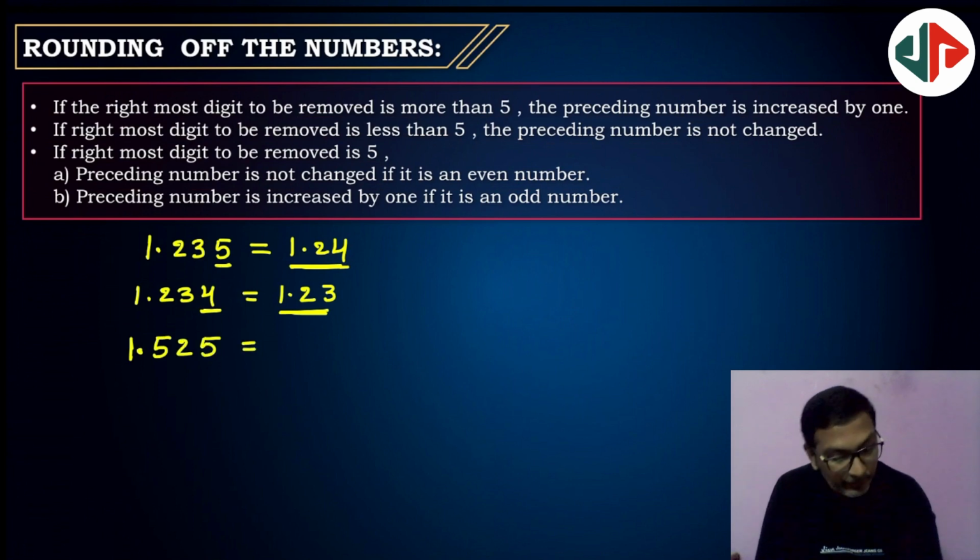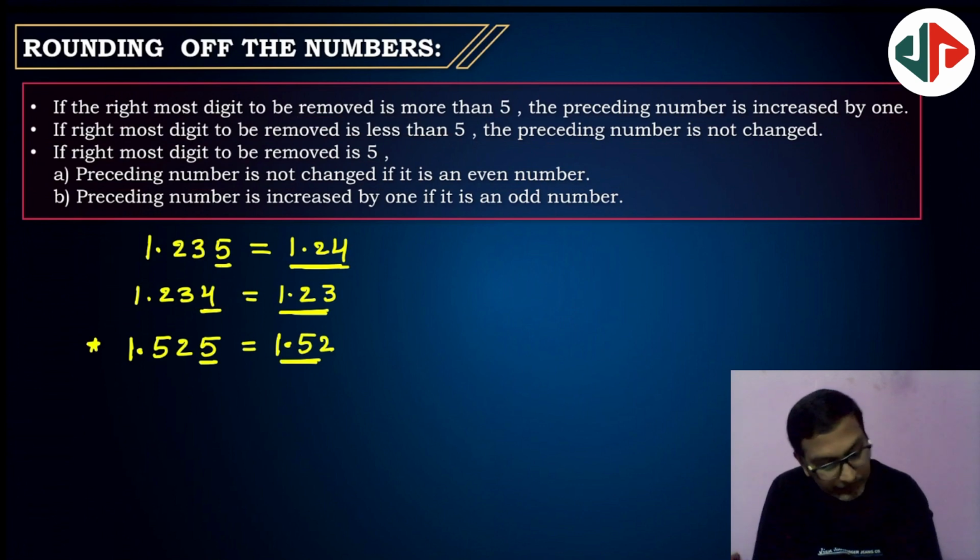The rightmost digit to be removed is 5 here. And the preceding number is even number, therefore no need to change. No need to change means here 1.52 we can write.